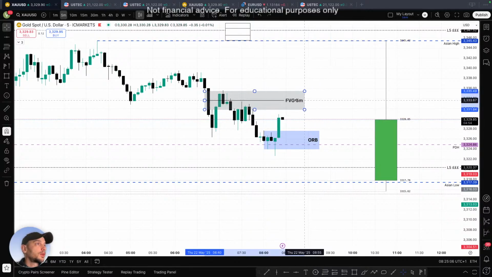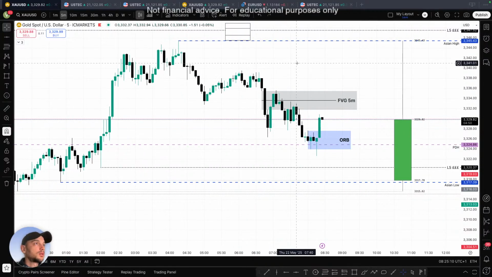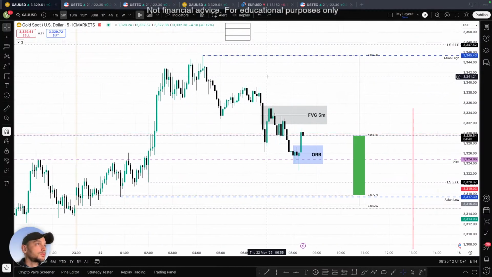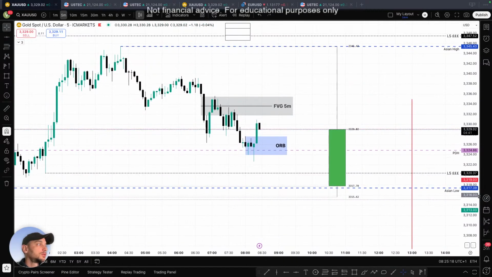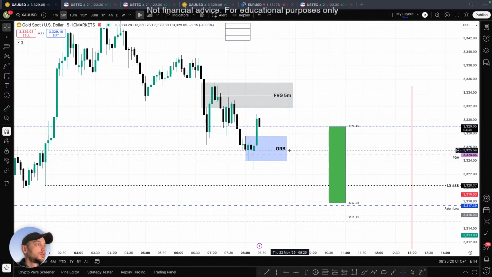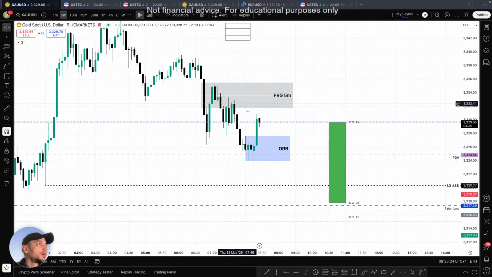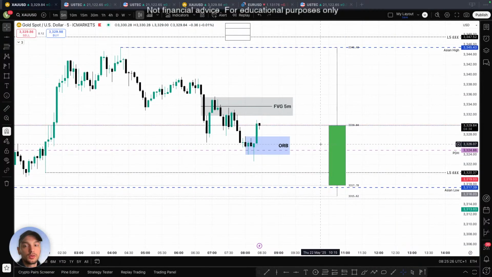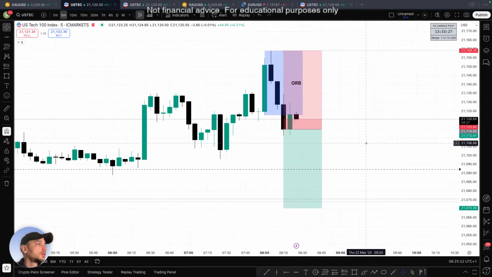We are very close to this fair value gap from where we already started the move. And we have an order block here, which is not ideal. So we're scrapping gold for this session. And we keep on looking at Nasdaq.